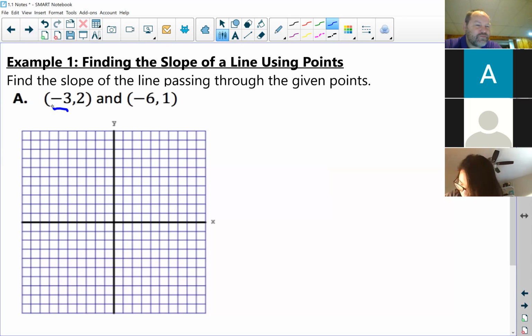It tells us from the origin whether we move left or right. The second is the y value. It tells us to go up or down. So -3, 2 says go left 3, and from there go up 2. -6, 1, start at the origin, go left 6, and go up 1.